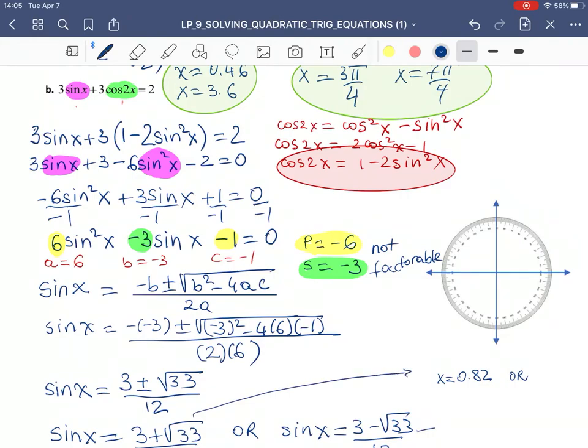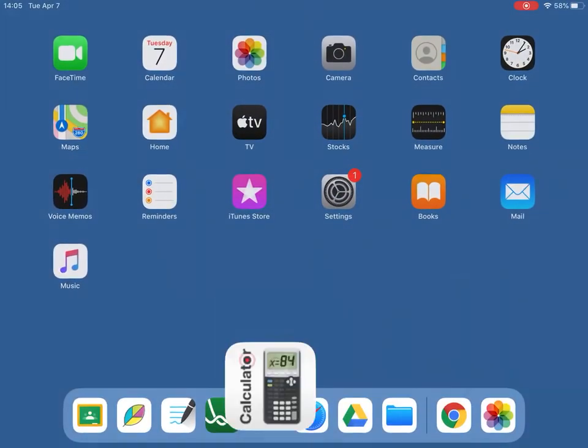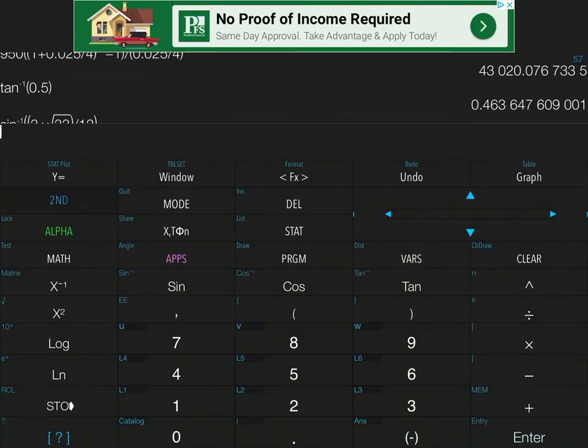And the next solution will come from the second equation. So we're going to go back to our calculator, and we're going to go second sine again, brackets, and then 3 this time minus the root of 33.